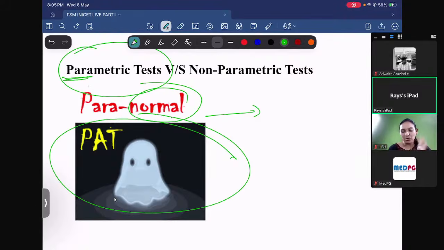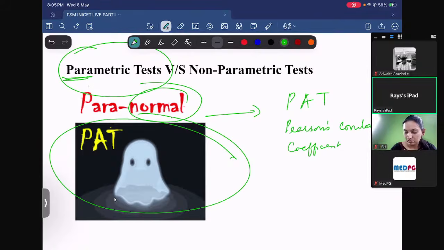Which are the examples? PAT the ghost is going to help you. P stands for Pearson's correlation coefficient, A stands for ANOVA and T stands for t-test. So remember PAT: Pearson's correlation, ANOVA and t-test. T-test can be paired or unpaired. These are examples of parametric tests.